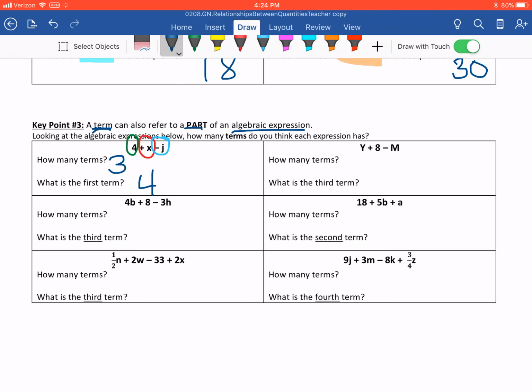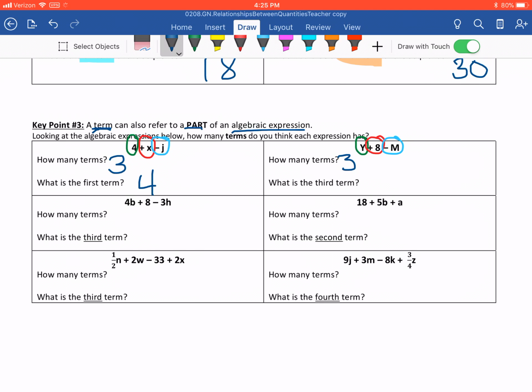We're going to do one more together, and then I want you to pause, and you'll do the last 4 without me. So, next one, y plus 8 minus m. For this one, it looks like, again, we have 1, 2, 3 terms. So, in total, 3 terms. Now, this question is asking, what is the third term?